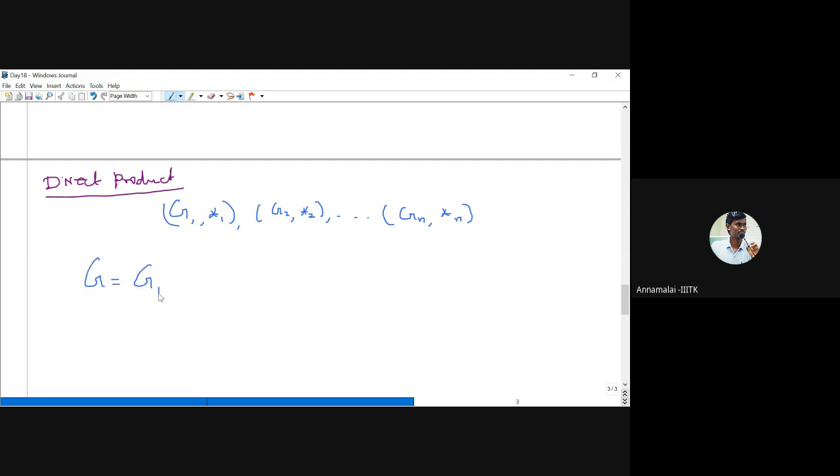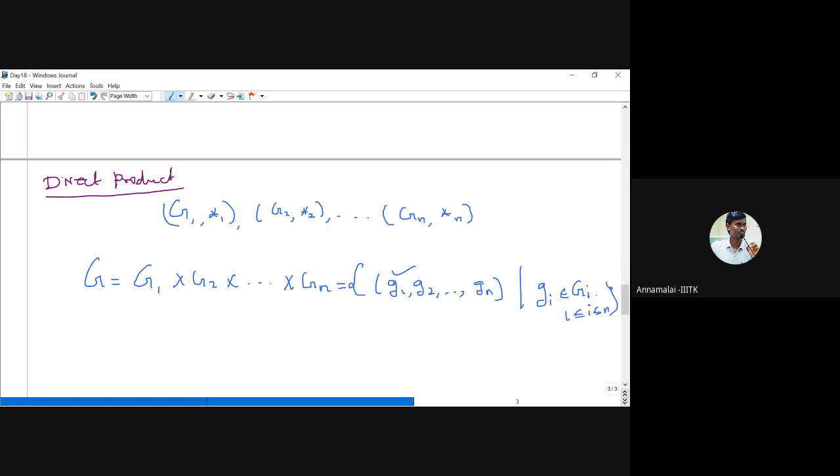We usually write G1 cross G2 cross etc. cross Gn. Every element is an n-tuple (g1, g2, etc., gn), where the first element small g1 comes from capital G1, etc. Therefore gi belongs to capital Gi, where i lies between 1 and n.